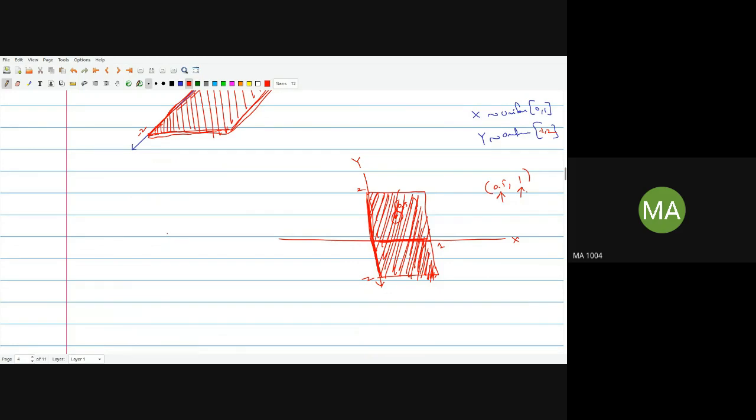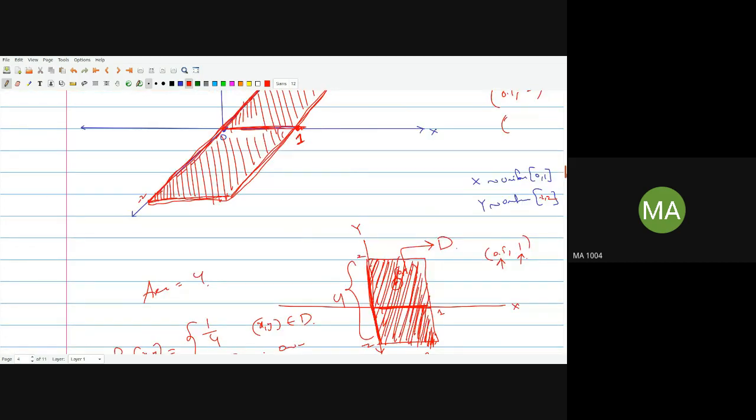So what I have to do is compute the area of this region D. The area of this region is 4. So fxy of x comma y takes value 1 by 4 when x comma y is in the region D and 0 otherwise.